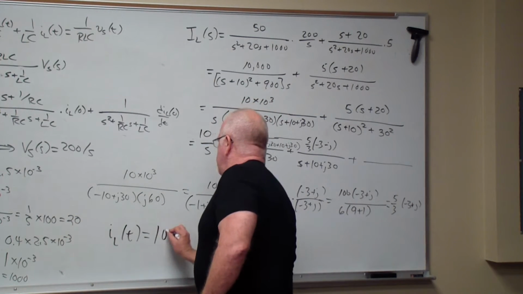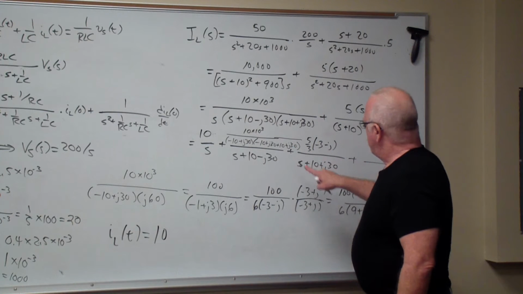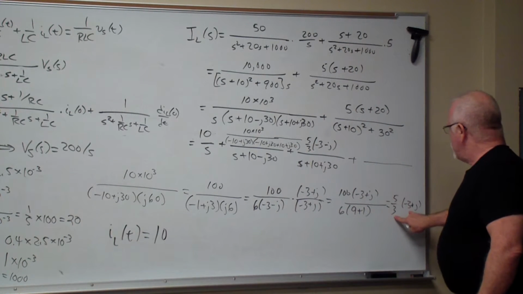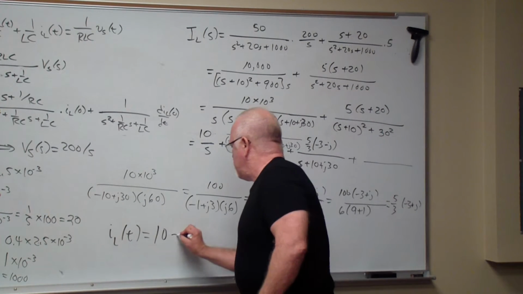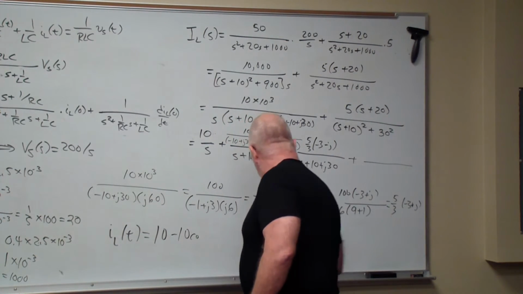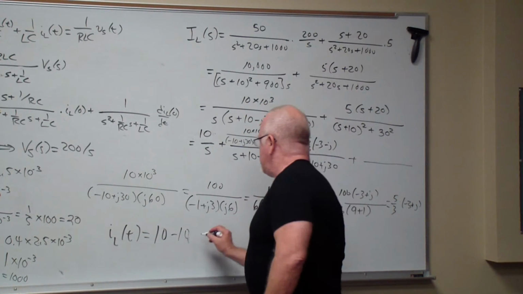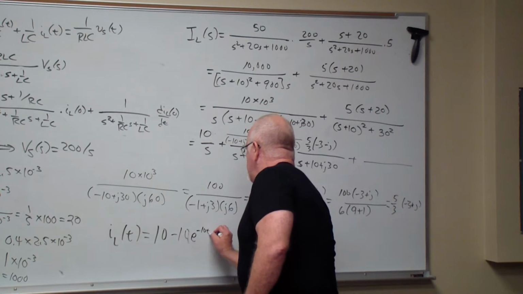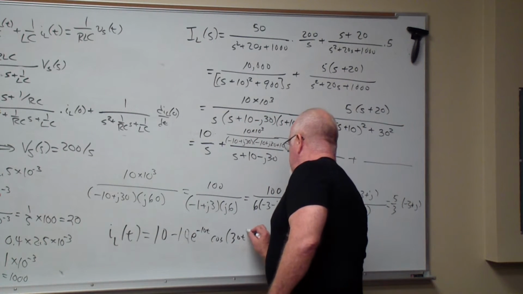10 over s is 10. You take twice the real part. So it'd be minus 10, the real part, and then you have e to the minus 10t, cosine of 30t.